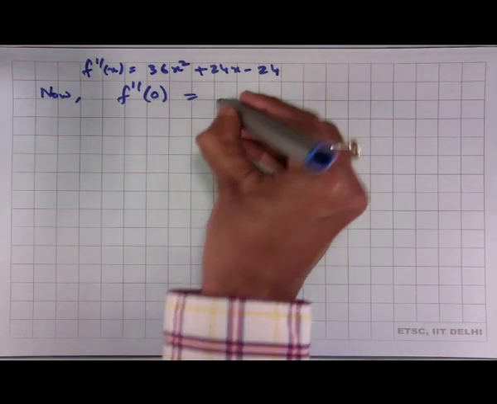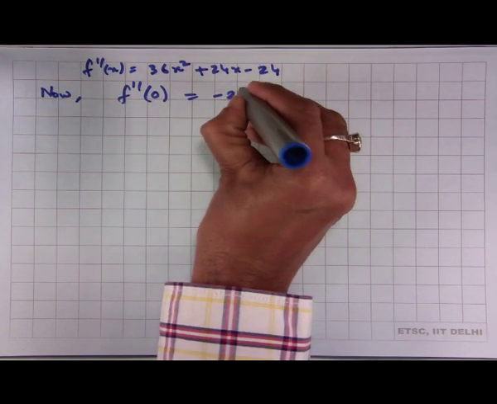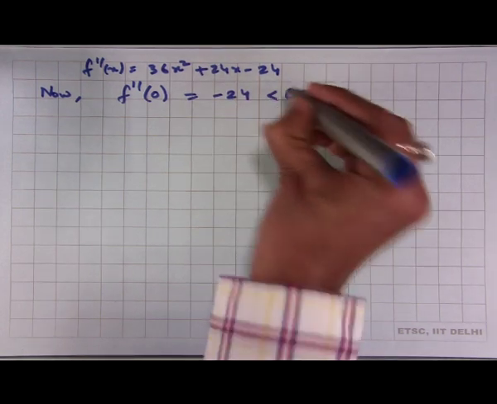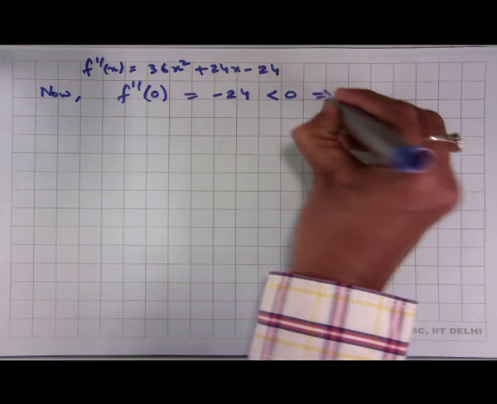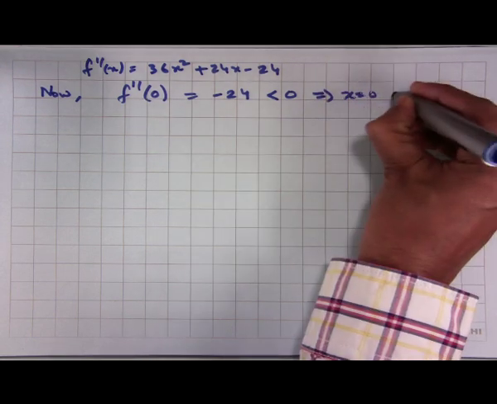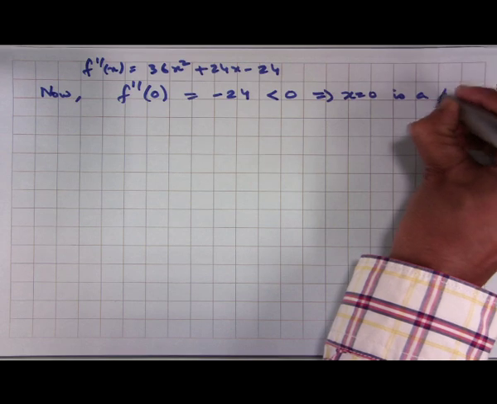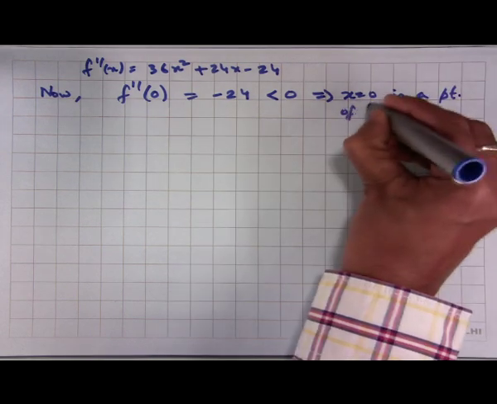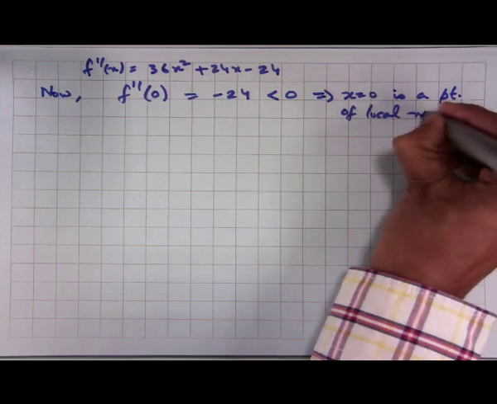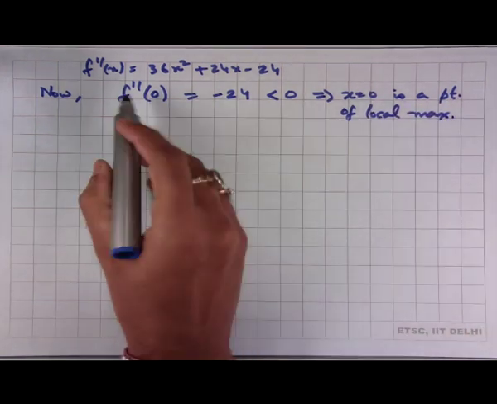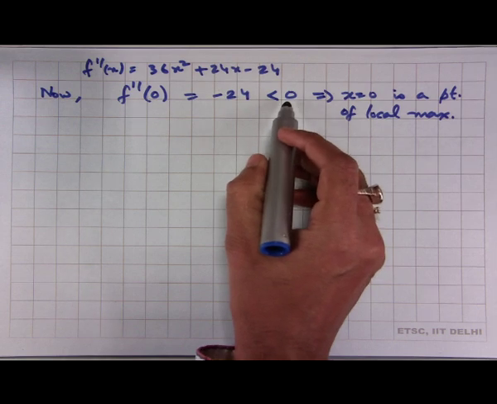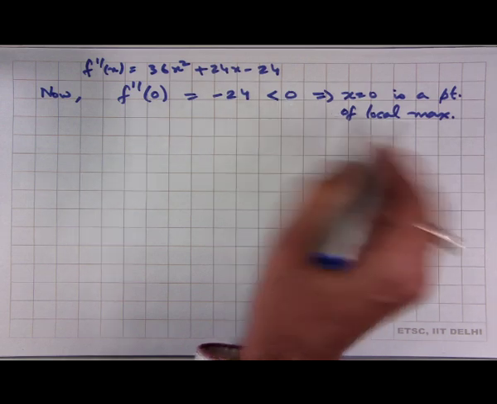So, f double prime of 0 is equal to minus 24. This is less than 0. This implies x equal to 0 is a point of local maxima. If the second derivative at a critical point is negative, then we have local maxima.